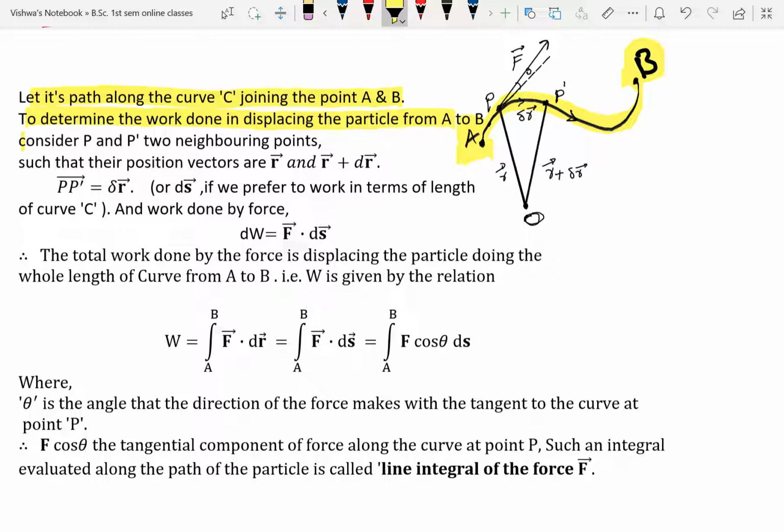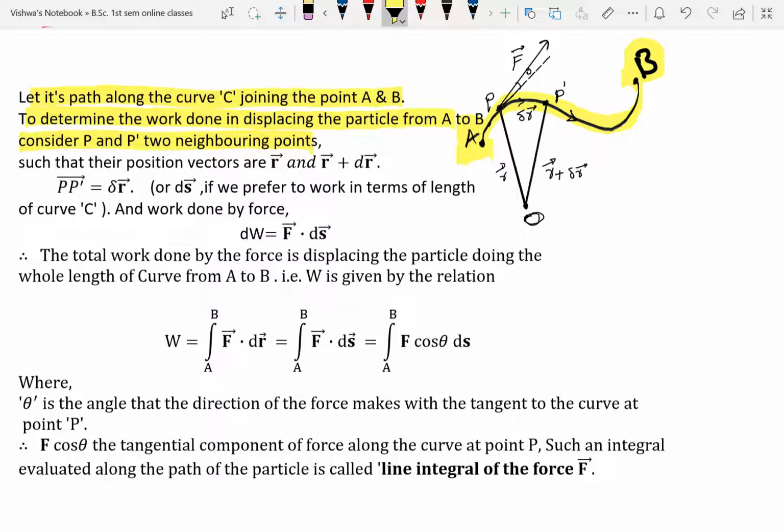So consider two neighboring points P and P prime. We can't find the whole work at a time. First we have to find the work done for a small displacement, then add up all such work, and we will get the total work. In other words, we can integrate that small work to get the total work done.